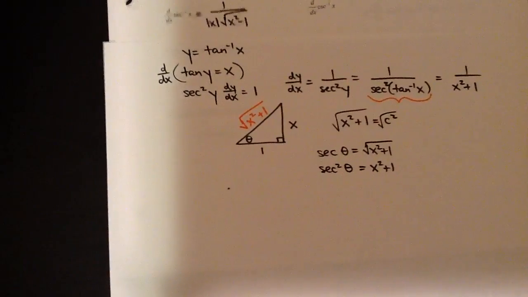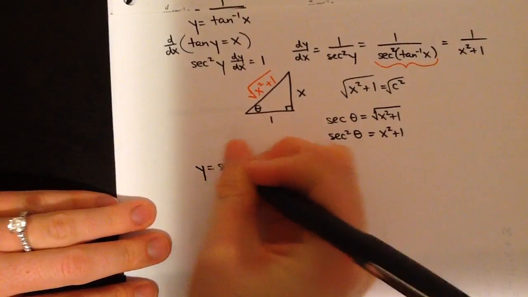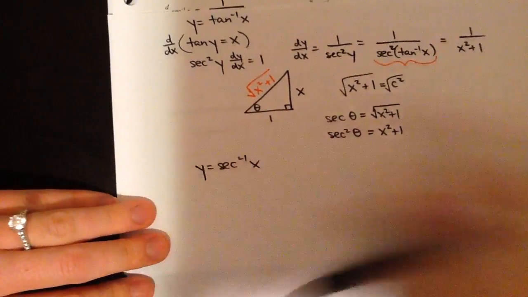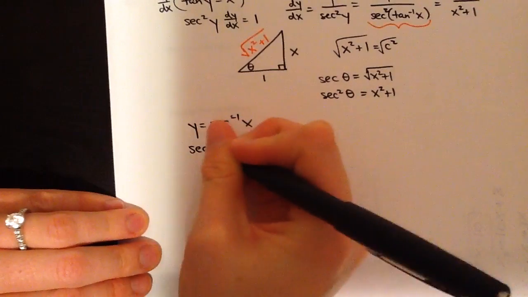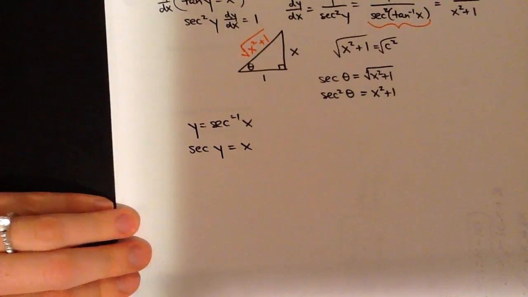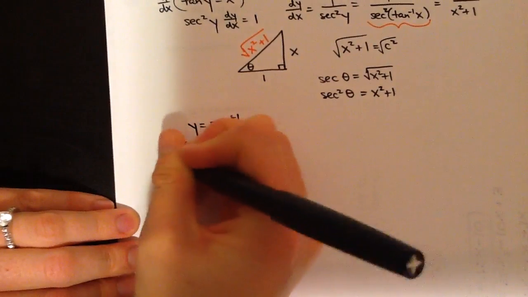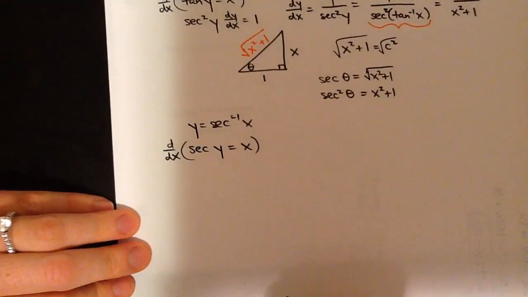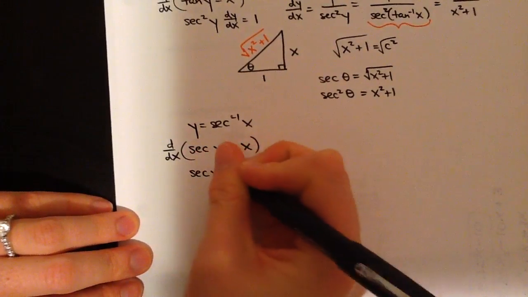I can also do the secant formula very quickly. So y equals secant inverse of x. Again, this is just kind of supplementary. If you don't want to write it down, no need. You can even skip ahead. So I rewrite like that, and then I take the derivative of both sides. The derivative of secant, and this is why this one's a little nasty, is secant tangent.